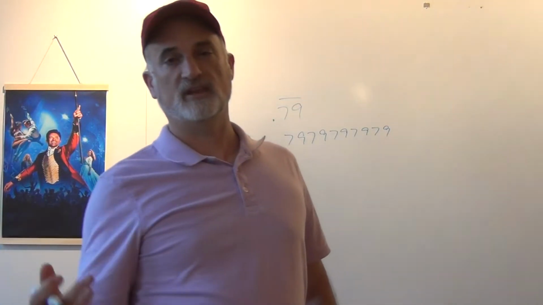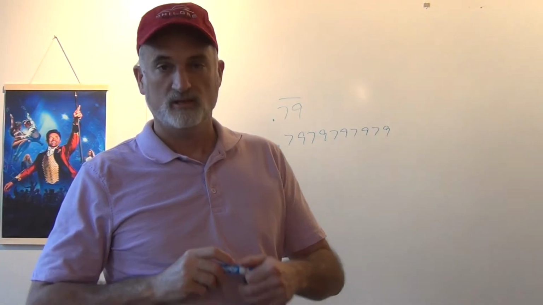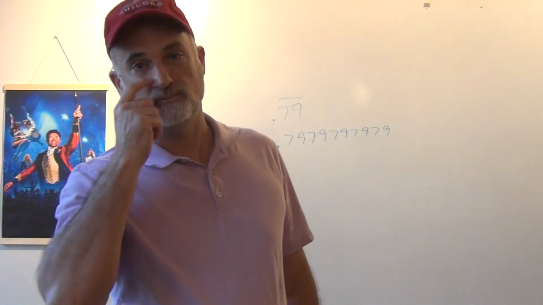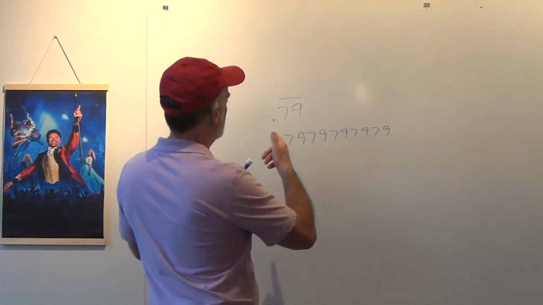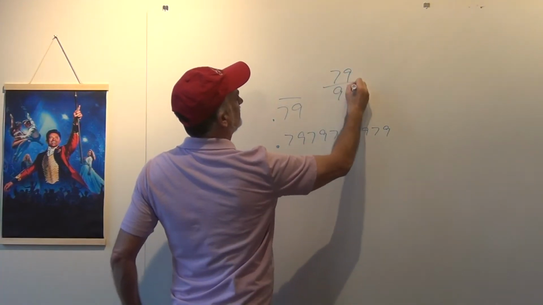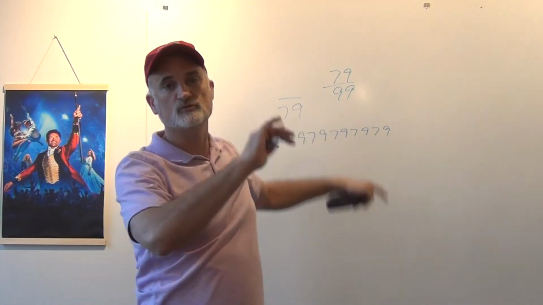That is a rational number because it's a repeating decimal. Okay? And you can also turn this into a fraction of 79 over 99. You wonder how I got that? I'll show that in a future video.